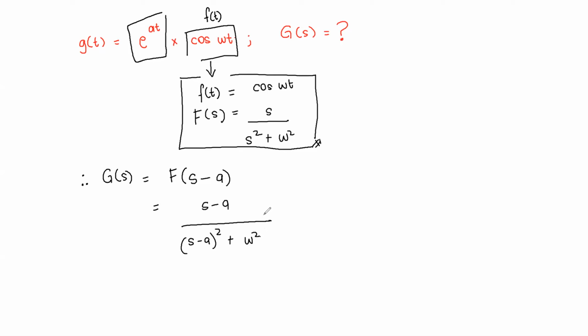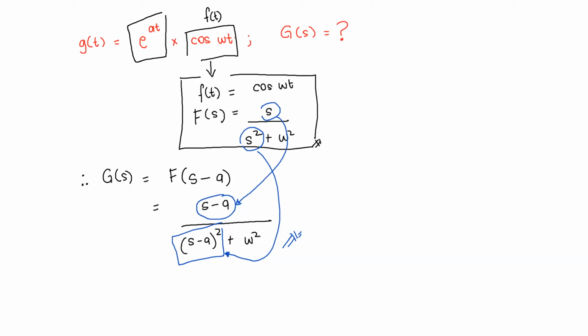If you're wondering how I derive this, if this is s in the F(s) domain, it becomes s minus a in the F(s minus a) domain. And if this is s squared in the F(s) domain, then in the shifted F(s minus a) domain you will get (s minus a) squared. So this is how we get the answer to our first example.